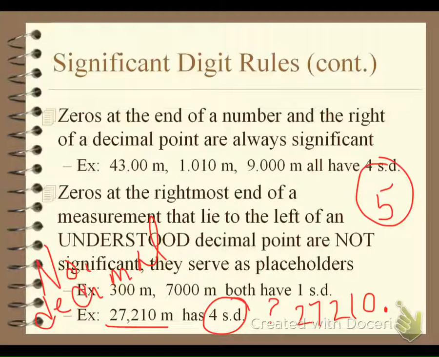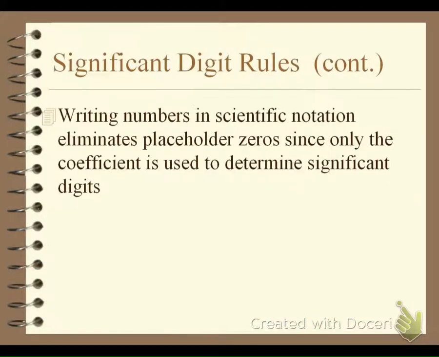So the presence or absence of a decimal point can lead to confusion. For this reason, it is very often accepted to write answers in scientific notation, because the placeholder zeros are tied up in the coefficient.